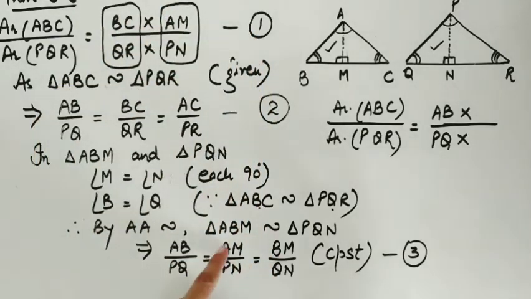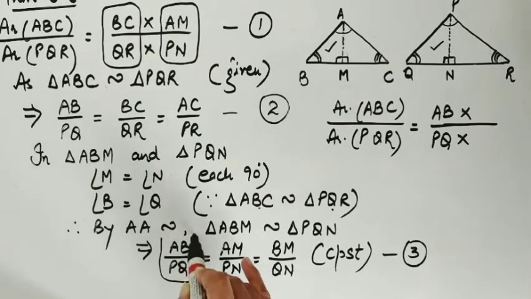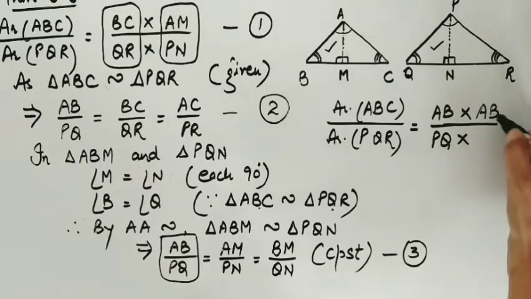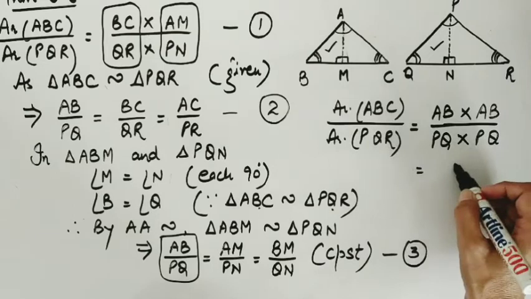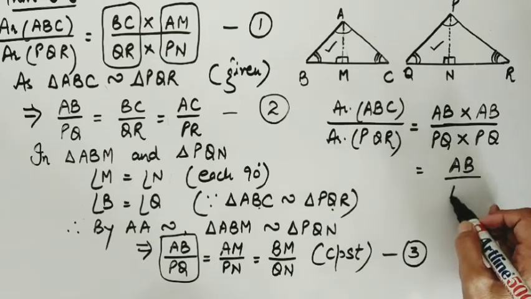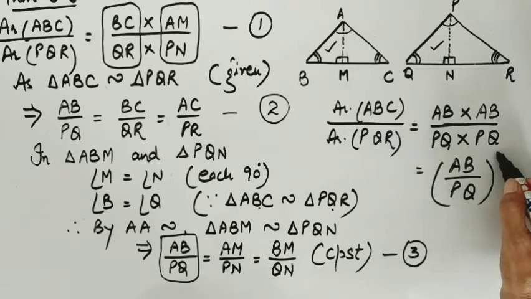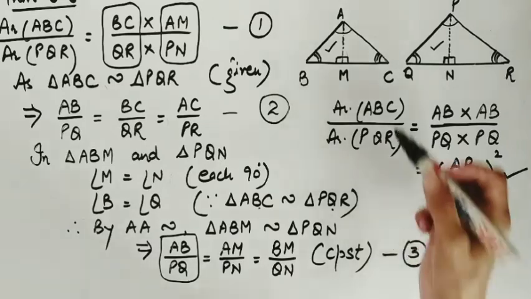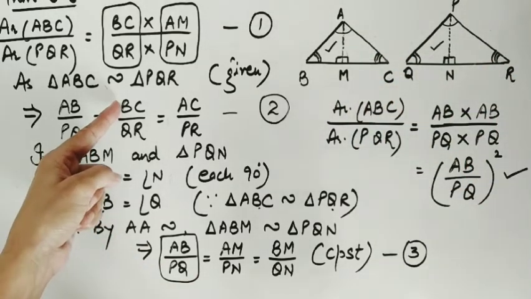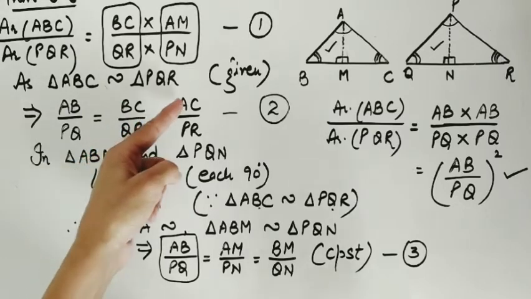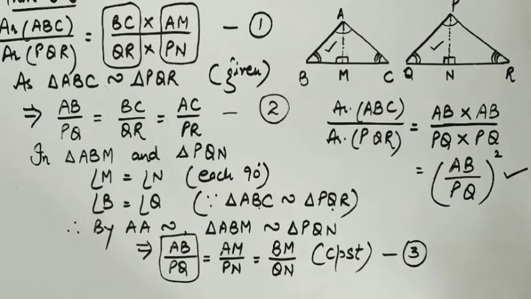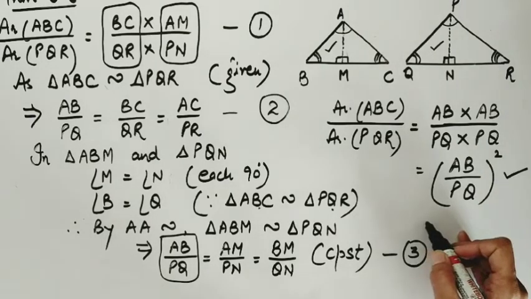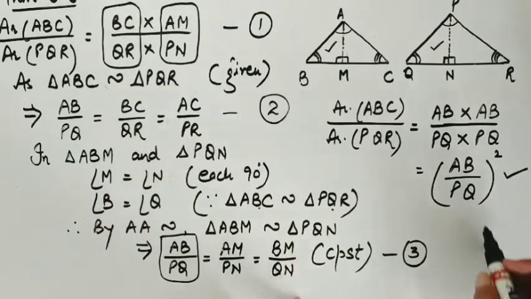AM by PN can also be replaced by AB by PQ. So what do we finally get? That the ratio of ABC upon PQR is nothing but the ratio of the squares of the corresponding sides. And if it's true for AB by PQ, it would be true for BC by QR square and for AC by PR square. So that's how you prove the result from equations 2, 1 and 3.